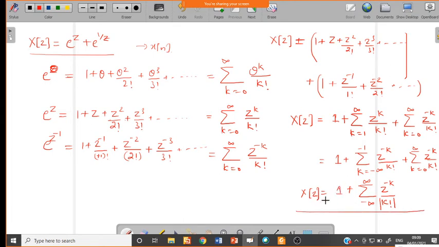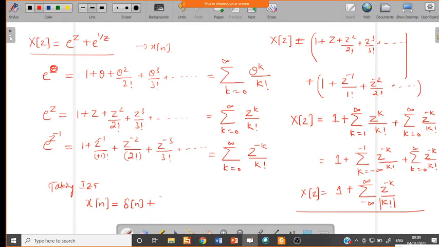Now you take the inverse z transform for this, then you will get the value of x of n. So now what is the value of x of n? Taking inverse z transform, 1 will give the inverse z transform, which is del of n.